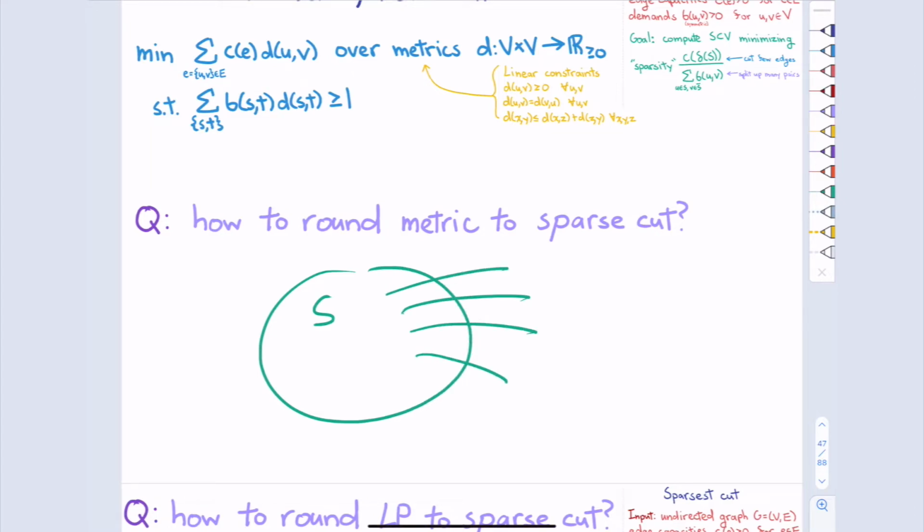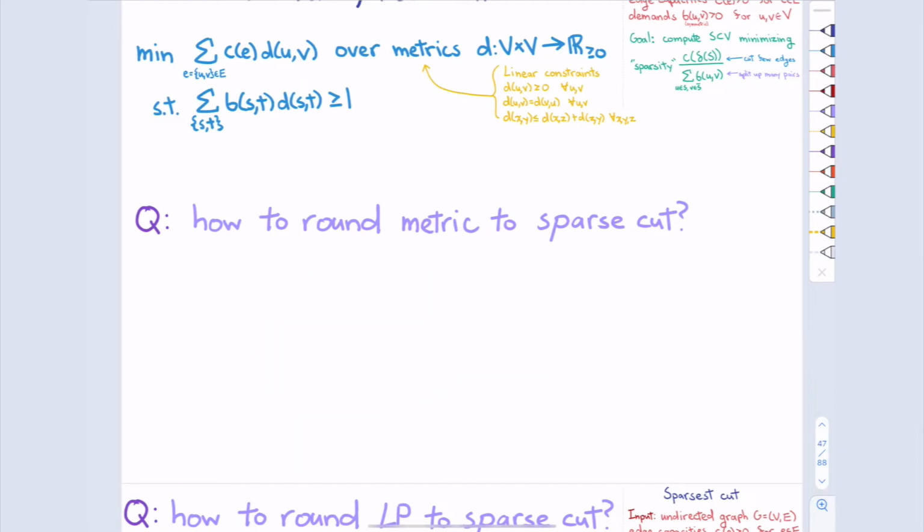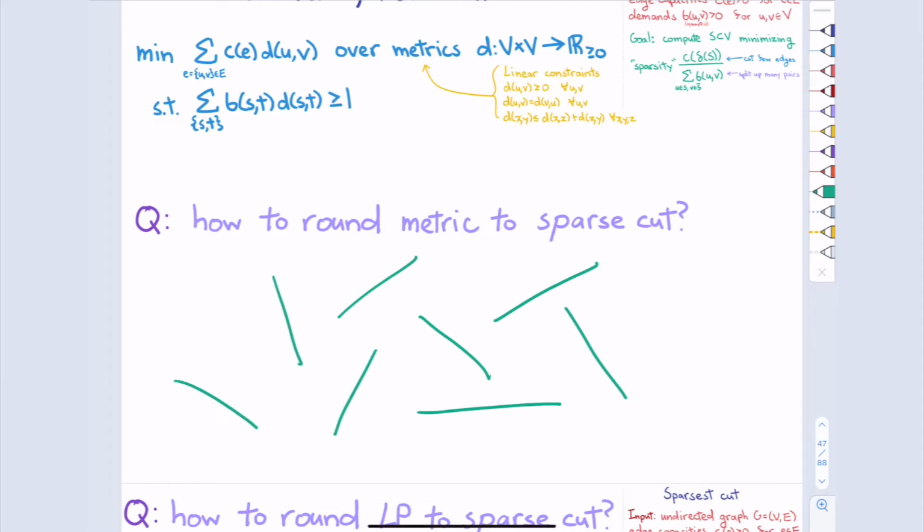But if you're sampling edges in proportion to these, and maybe you find a reasonably appropriate scaling first, let's say you roughly round and sample edges where larger D's you're taking the edge or deleting the edge, and smaller D's you're hopefully not. But the edges you take are going to be all over the place, right? They're not necessarily going to be concentrated around the neighborhood of a set of vertices. It's not clear that you even output a cut. You just output a bunch of edges.